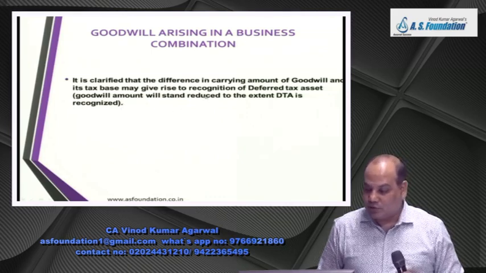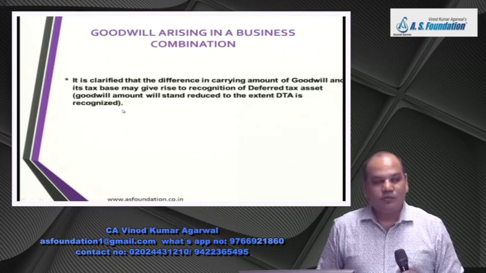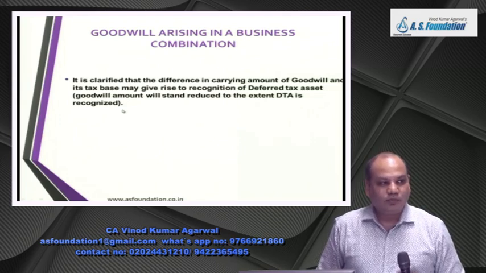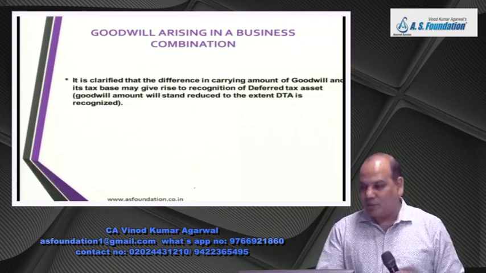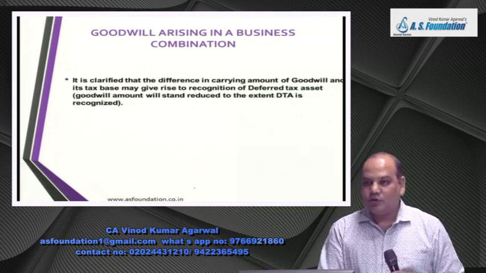So if I recognize DTA on goodwill, the amount of goodwill will change. Is it right? But then again there will be a problem. If you change the goodwill, the DTA will again change.